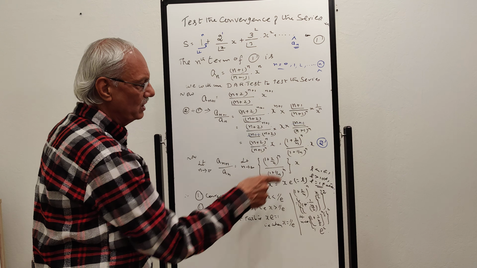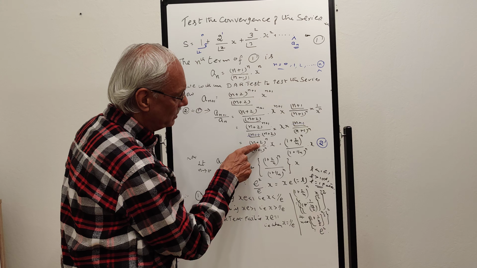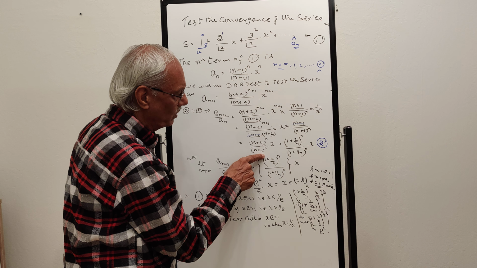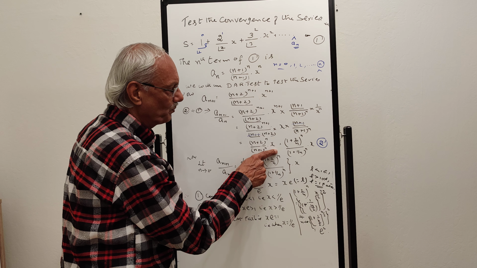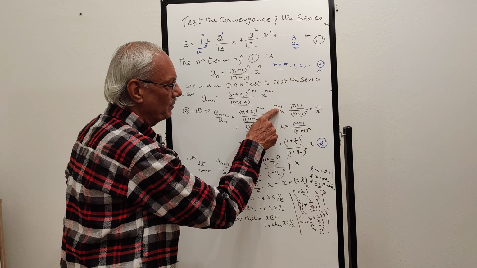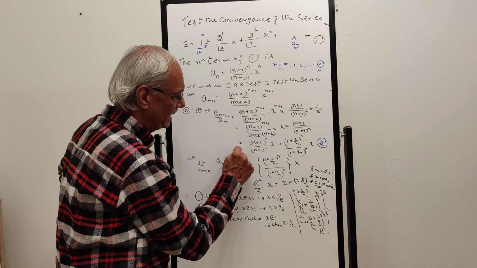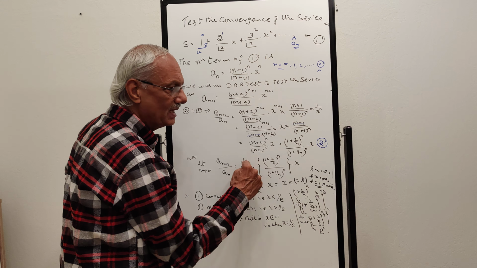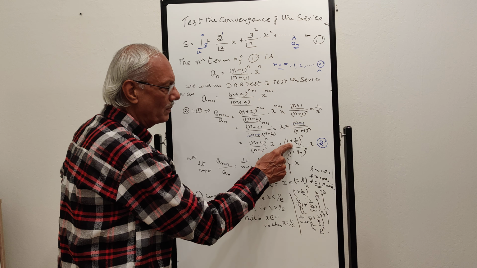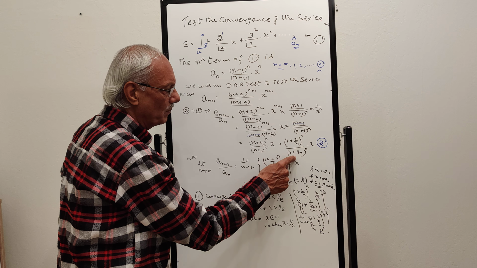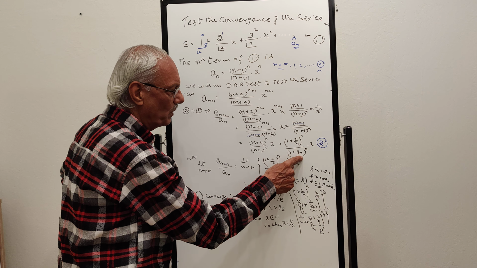So on simplification, we will find that (n+2)^n divided by (n+1)^n into x, because x^n and x^(n+1) gives you x. And I rewrite this, taking this n outside, here also n outside, they will get cancelled, giving you (1+2/n)^n divided by (1+1/n)^n into x.